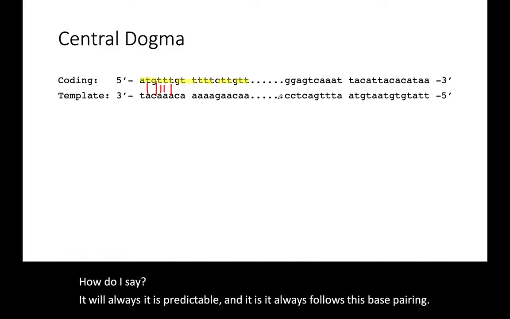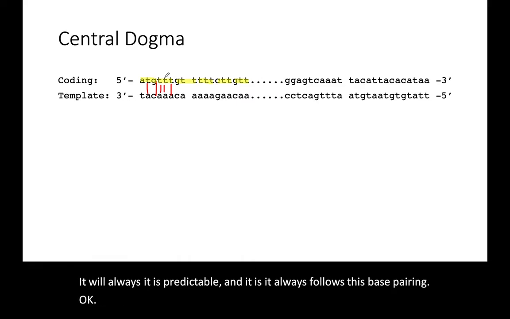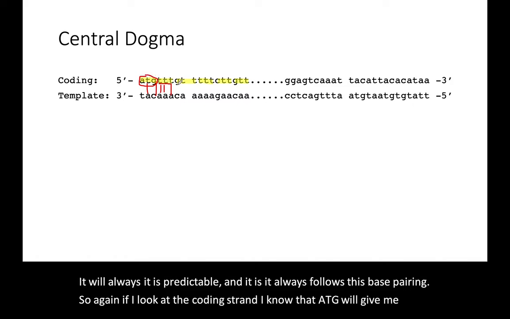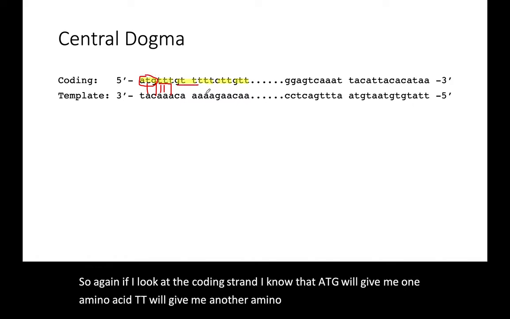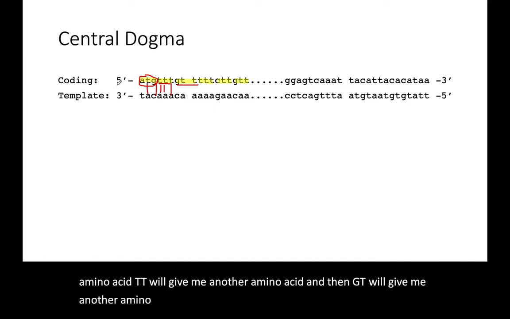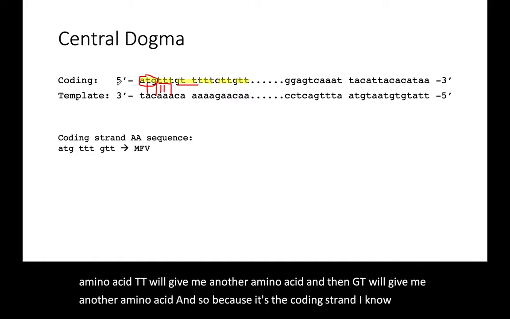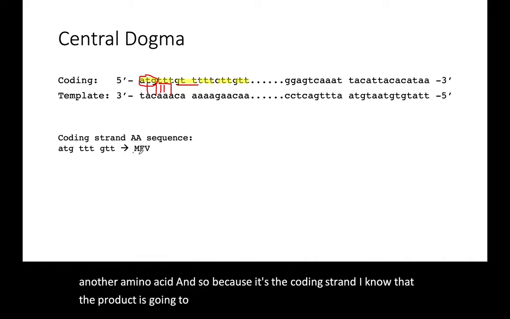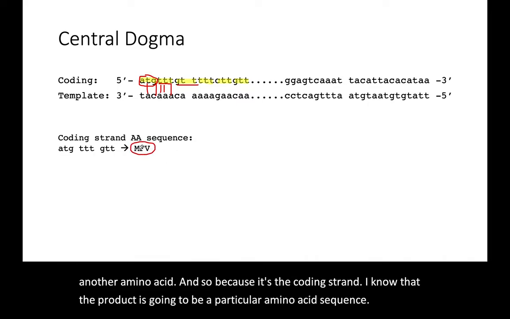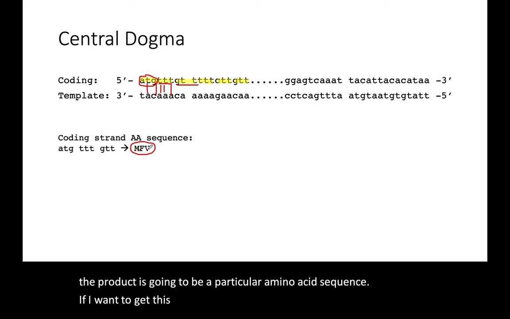Okay, so again, if I look at the coding strand, I know that ATG will give me one amino acid, TTT will give me another amino acid, and then GTT will give me another amino acid. And so because it's the coding strand, I know that the product is going to be a particular amino acid sequence: methionine, phenylalanine, valine.